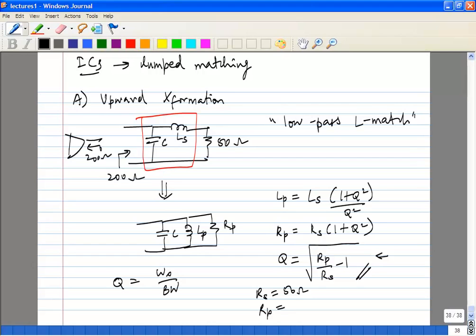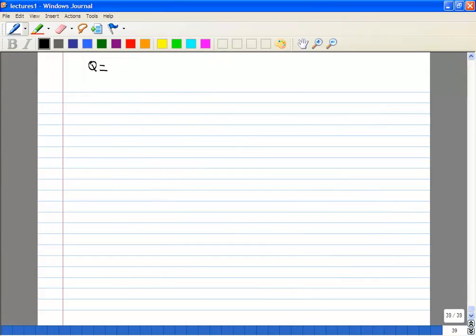Remember, we're trying to convert the series to parallel, and at resonance this LC will resonate at the frequency of interest, and you'll have only RP. That's the input impedance. Is that right? Okay. So what does this mean? It's actually a fairly low Q.